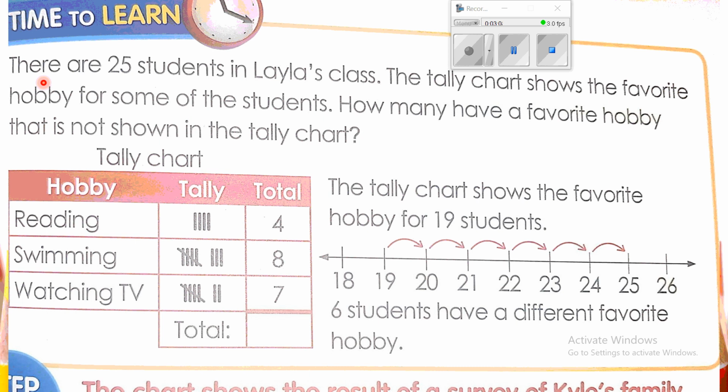Let's see now. There are 25 students in Layla's class. The tally chart shows the favorite hobby for some of the students. How many have a favorite hobby that is not shown in the tally chart? What does that mean?